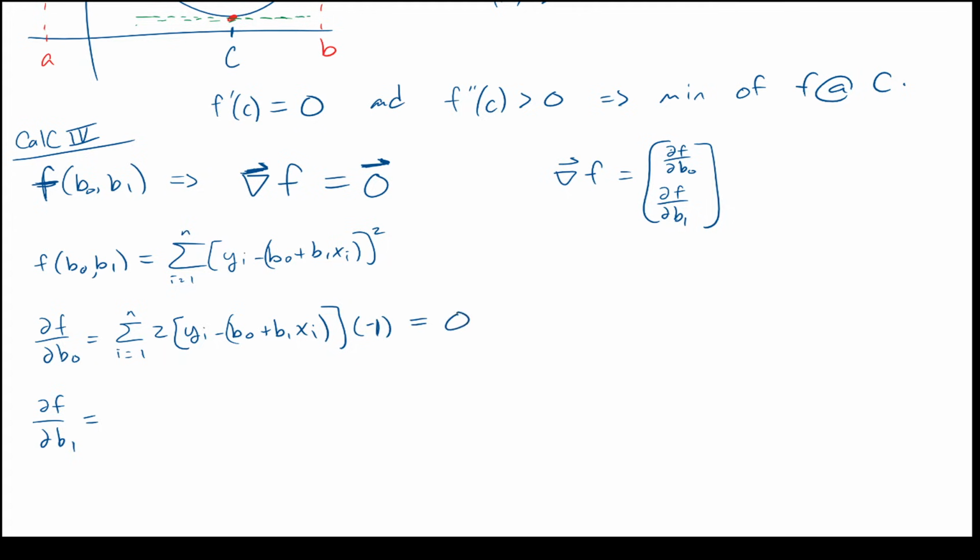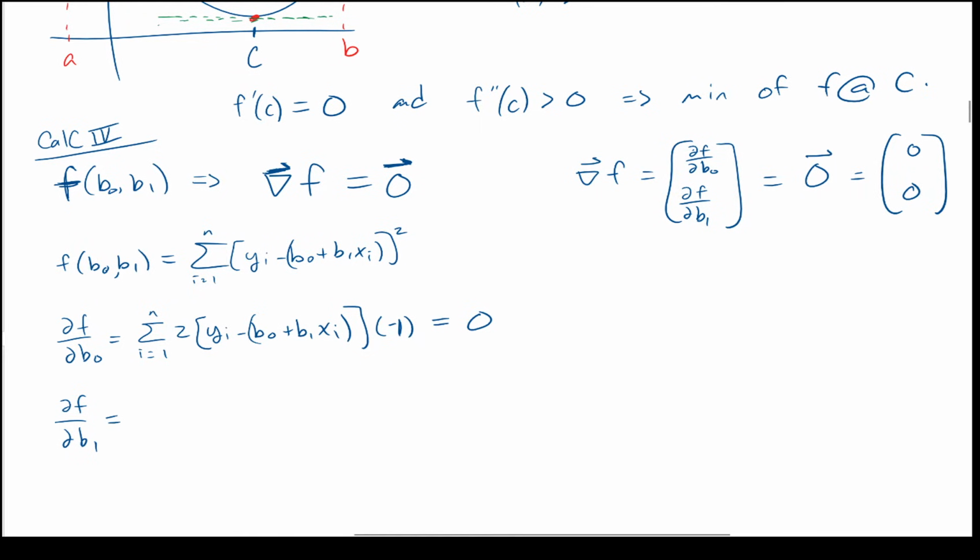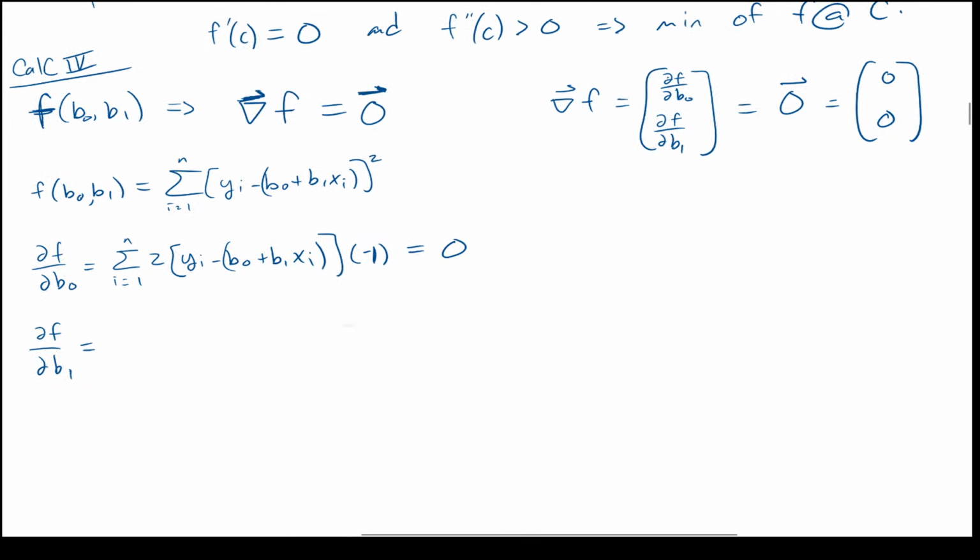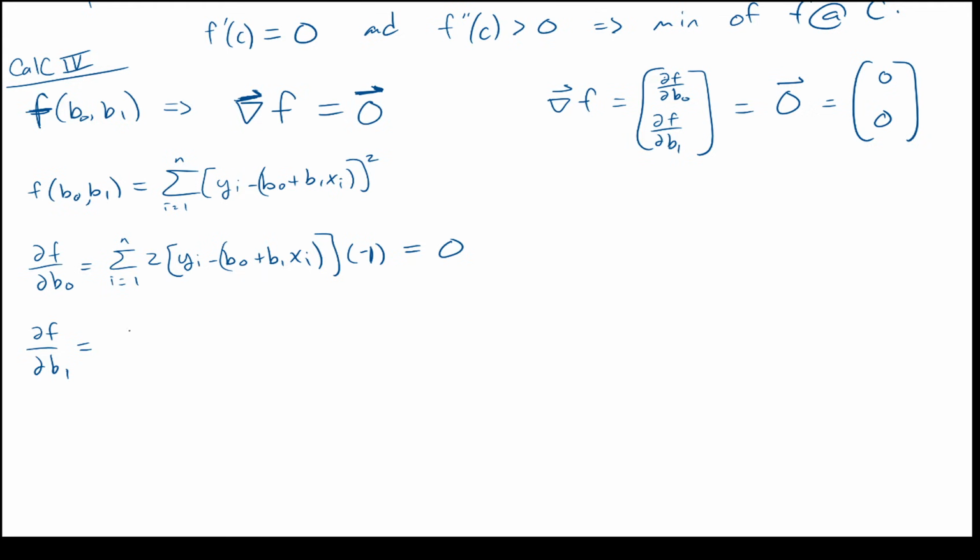And set that equal to 0, because this is supposed to be equal to the 0 vector, which is the vector 0, 0. And the same thing here, partial f, partial b1 is going to be the summation i equals 1 to n of 2 times yi minus parentheses b0 plus b1 xi, times the derivative of the inside with respect to b1, you just get xi here. And then set that equal to 0.